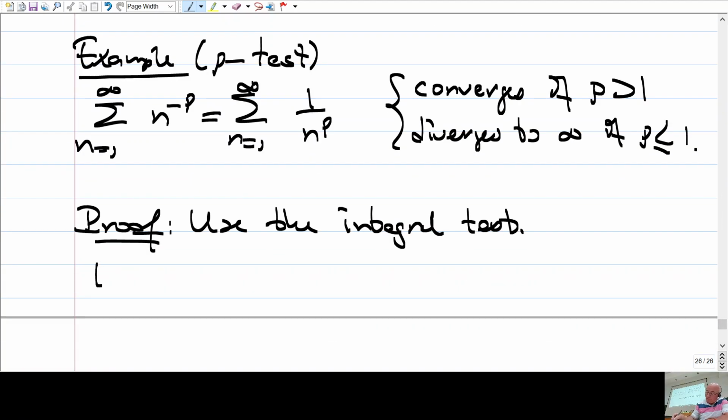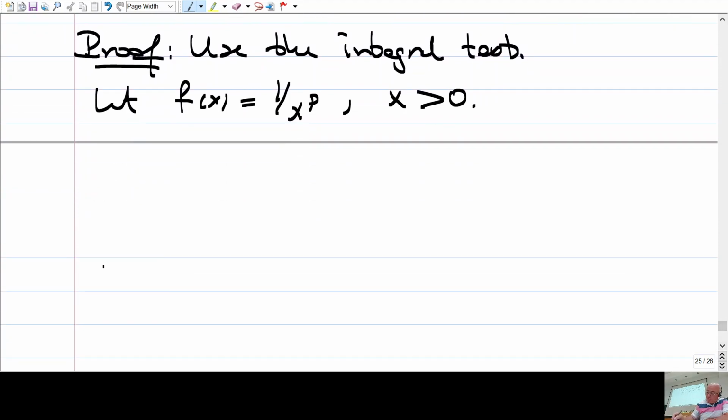Well, let f of x be the function 1 over x to the power p, for x positive. Then f of n is just 1 over n to the power p, which is a_n, right?